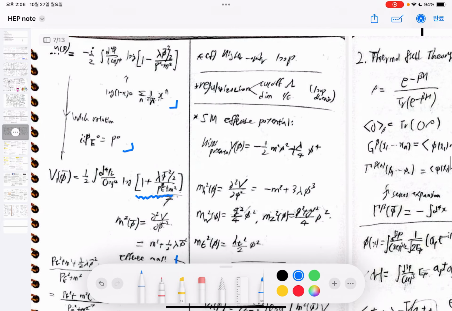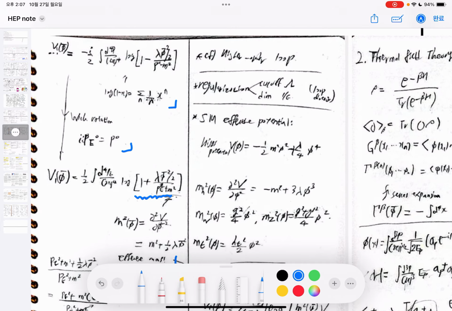This can also be developed to higher order loops, but here we only consider the one loop order, and some cutoff regularization or dimensional regularization for the loop diagram will be applied, and such regularizations give some specific scale.